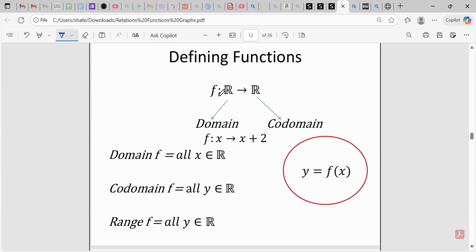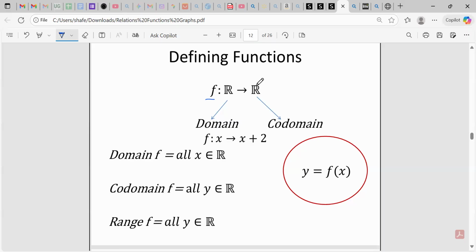So now the f comes in. If a relation is a function, you use this f notation. So you say a function is such that it maps the real numbers onto the real numbers. I know at CXC they usually don't tell you that the domain of the function and the codomain of the function is this and that.